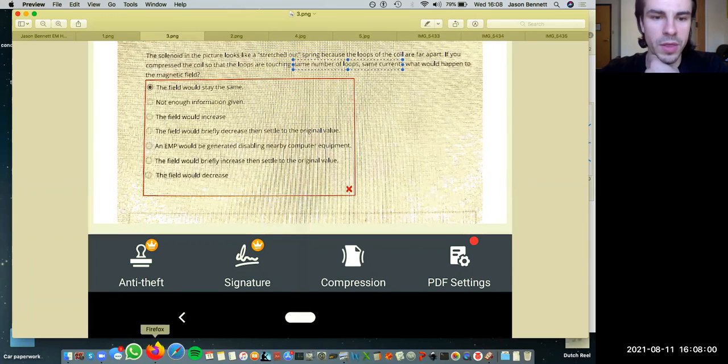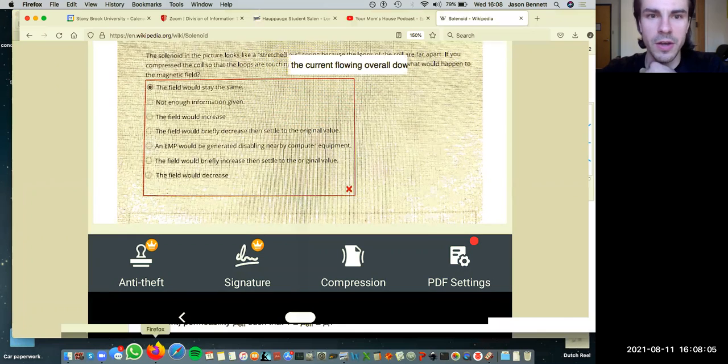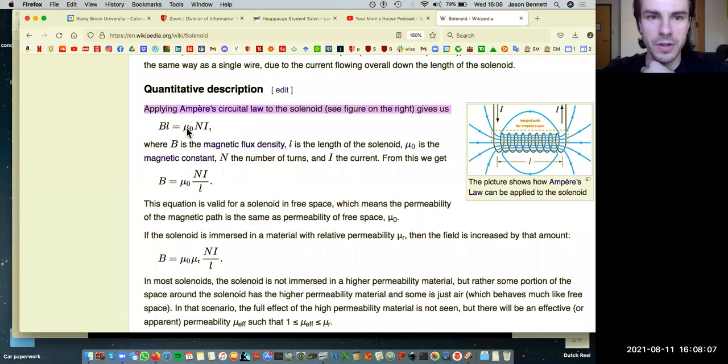So one thing that was in my mind when I thought of a solenoid was this equation. No, that's not right. Where was my equation?